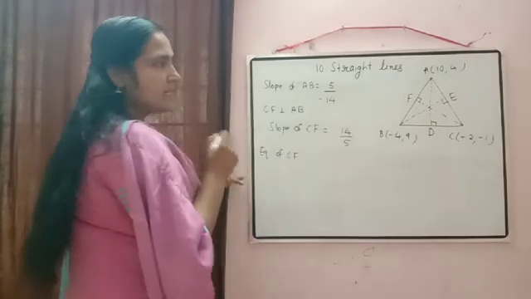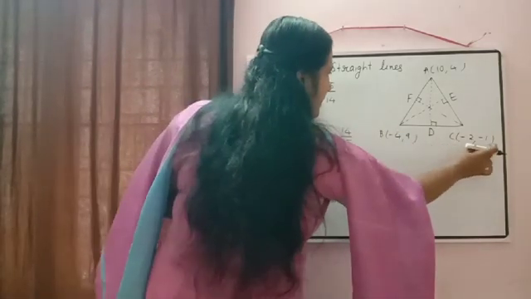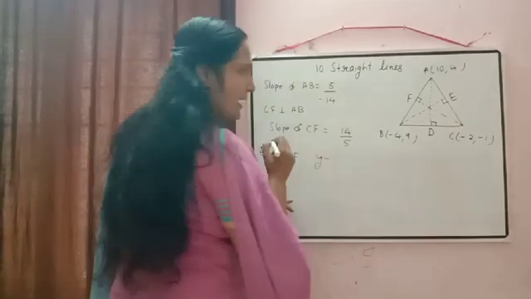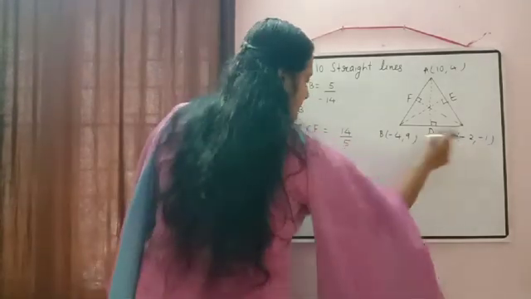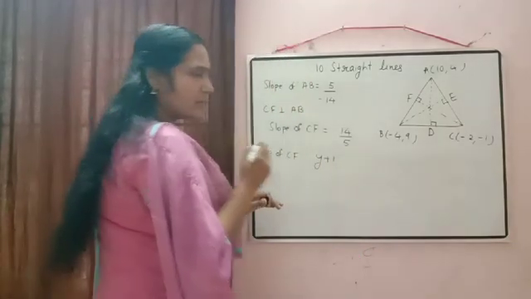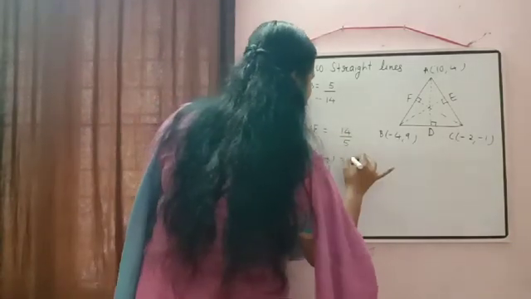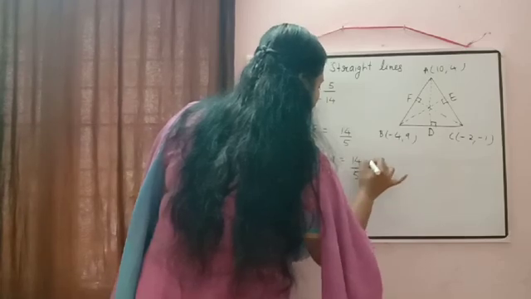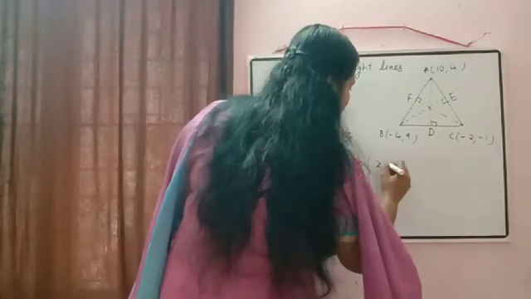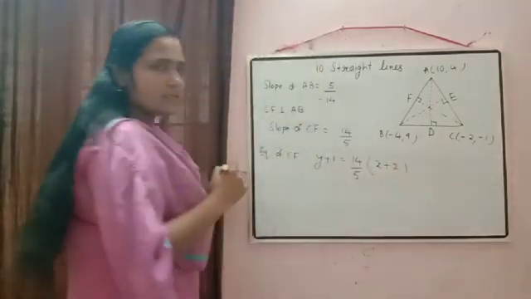CF passes through the point minus 2 comma minus 1. So according to the formula, y minus y1, in place of y1 we have minus 1, so minus of minus 1 will be plus 1, is equal to slope 14 by 5 into x minus x1, so x minus minus 2 will give you x plus 2.